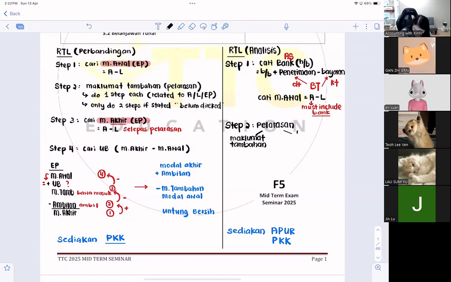The second one is you look from the baki area where it's given 1st January, 31st December, for an example, okay? So you see these dates given. Now, you must understand that the 2 different dates, right, represents 2 kinds of balance. Baki BB for 1st Jan, Baki HP for 31st December. So they are of a different timeline. One is coming from last year, one is what's left of this year end.